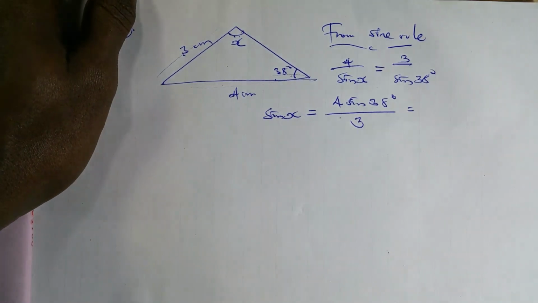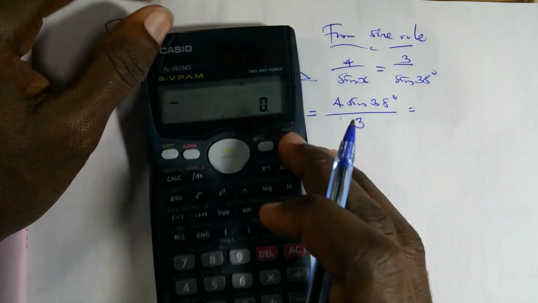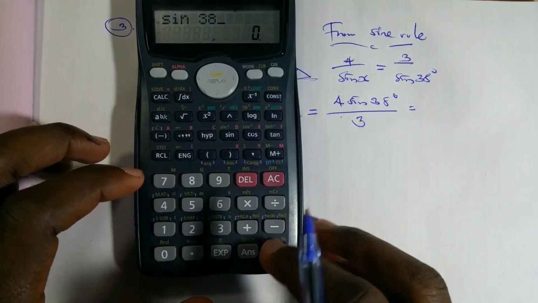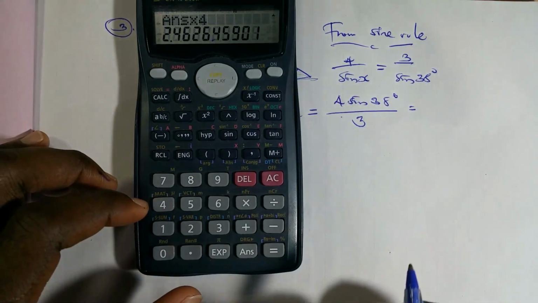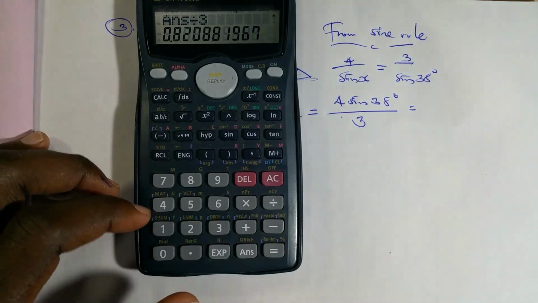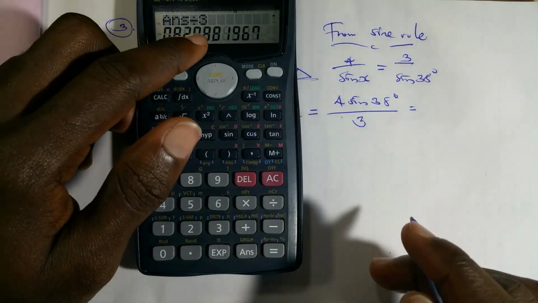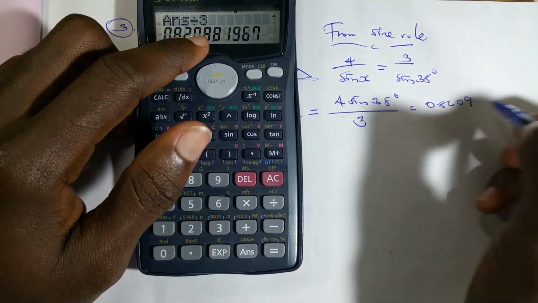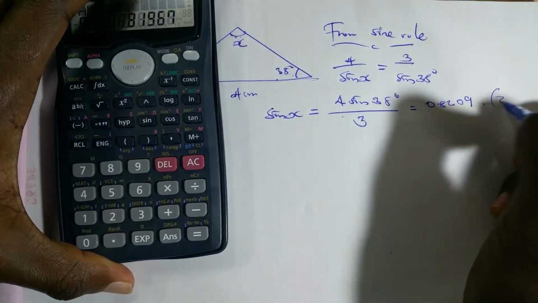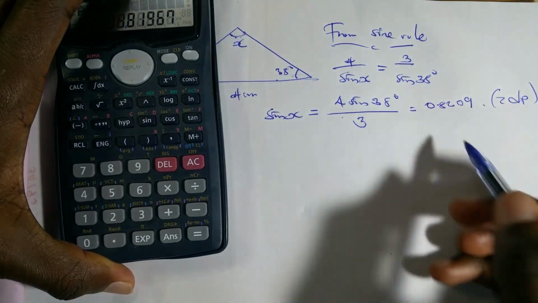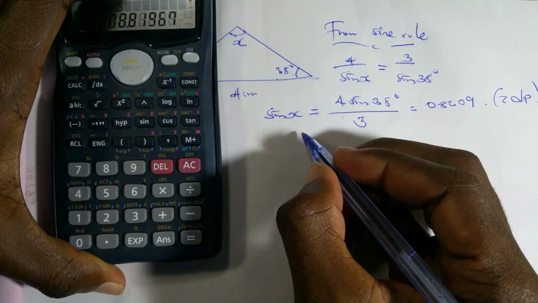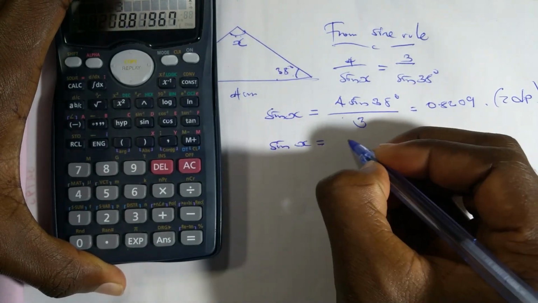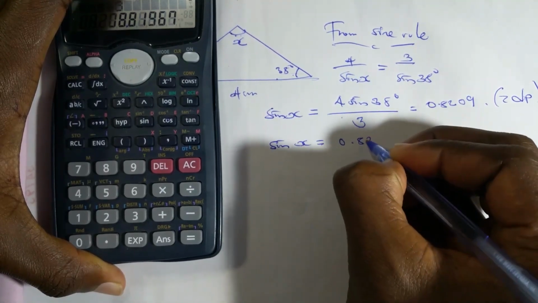If you calculate, let's see, sine 38. Okay, calculator is here. Sine of 38 times 4, then divide by 3. 0.8209 if you round off to 2 decimal places. So now remember we have sine x equals 0.8209.